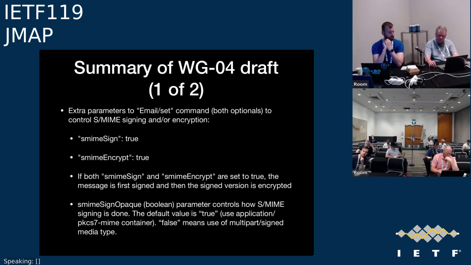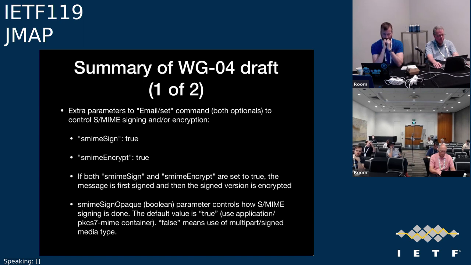Okay. Next slide, please. So the original approach is just having on Email/set two main Boolean attributes for signing and encryption and a couple of supporting ones. It's very simple, but it's not extensible. So it only allows signing and encryption or both.